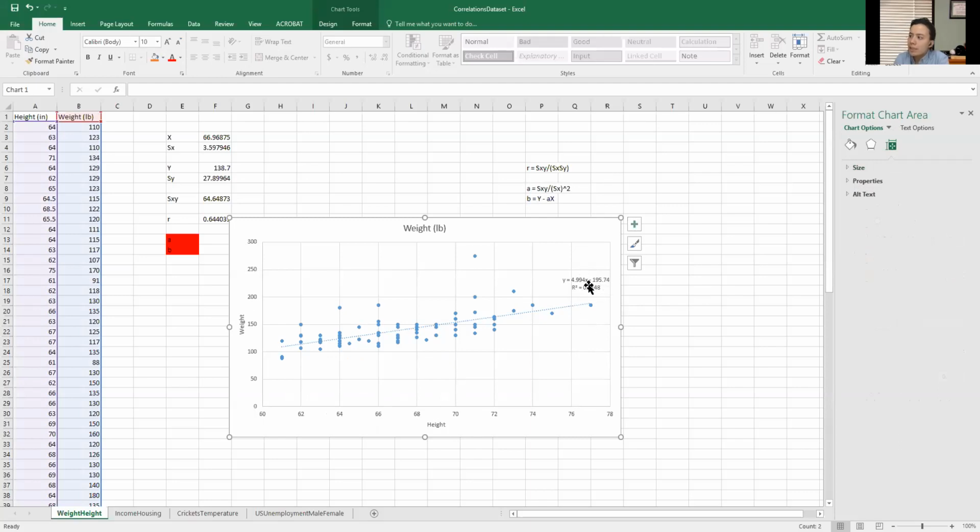And it tells me that about 41% of changes in weight can be associated with changes in height. The rest might just be variation that is attributed to other things. For example, the variation that you see between different people that have the same height. It's not because they have the same height that they necessarily have the same weight.